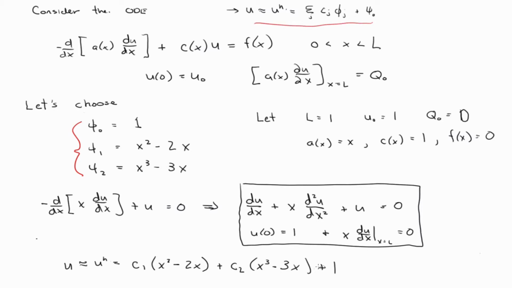And you can see that it does, in fact, agree with the boundary conditions, right? If x is 0, then the first two terms go away and you just have 1 left. So it agrees with u of 0 is equal to 1. And likewise, the other boundary condition is also satisfied. All right.